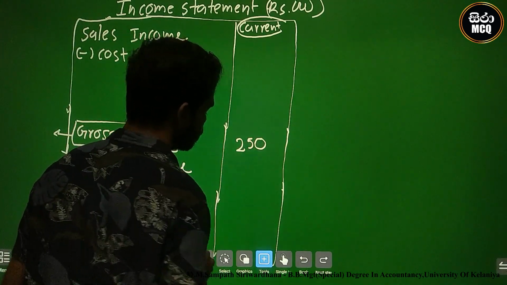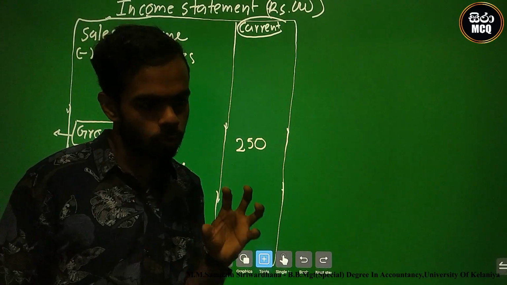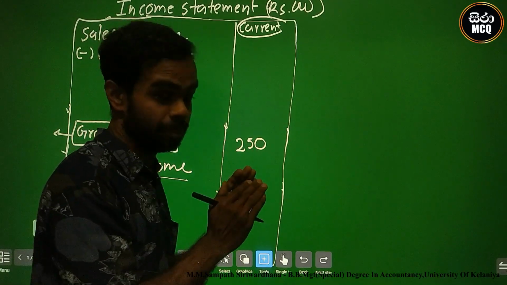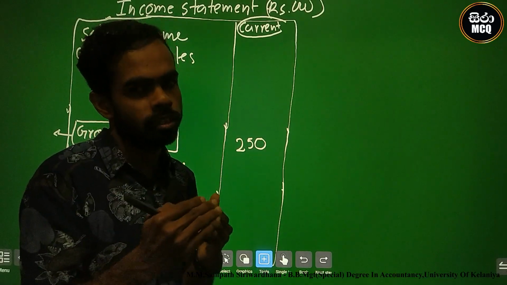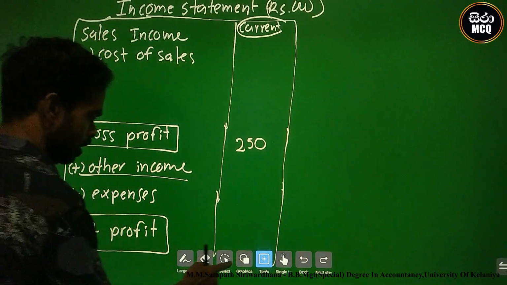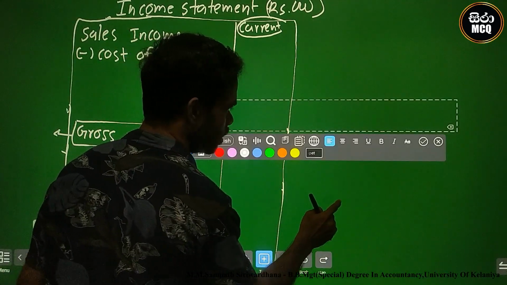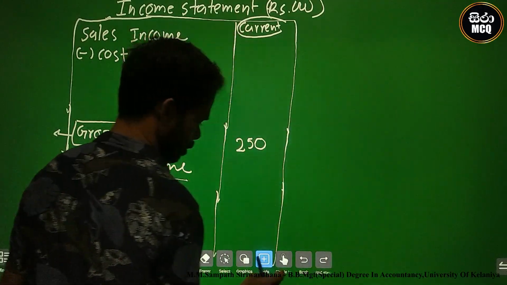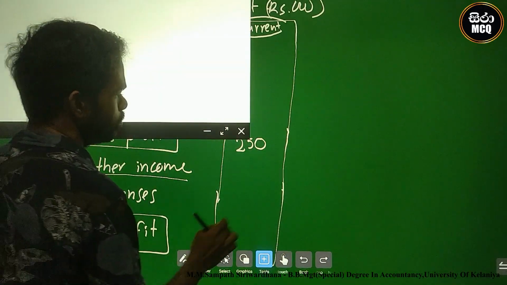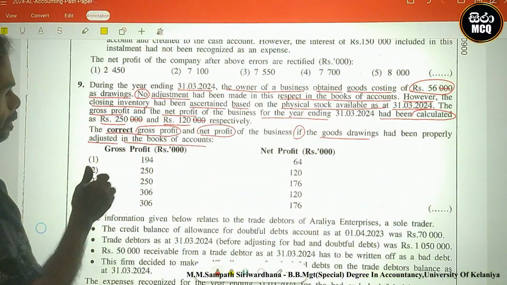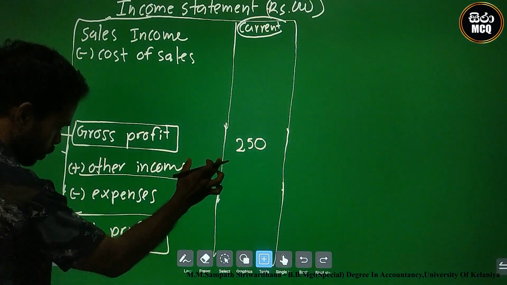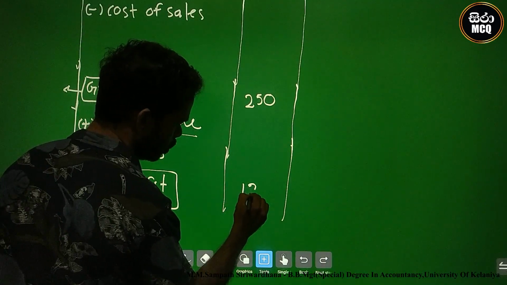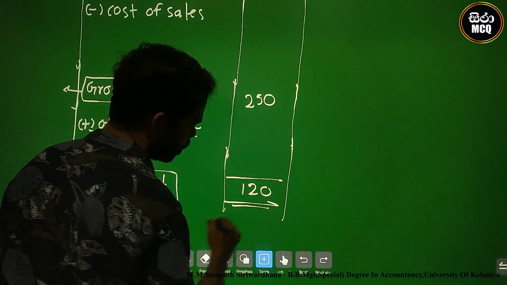This is the current situation, before adjusting the goods drawings. Then the net profit is 120. This is the final result.